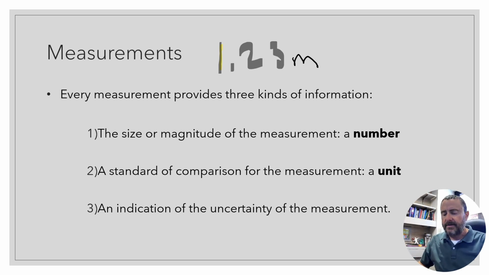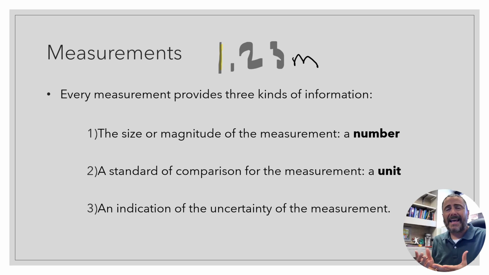And then lastly, there has to be some sort of uncertainty associated with a value. Almost all of the values we're going to come across in a chemistry course are going to have some sort of uncertainty to them. So when we talk about 1.23 meters, we're probably pretty sure that it's close to 1.23, but it could be 1.231 meters, or it could be 1.229 meters.